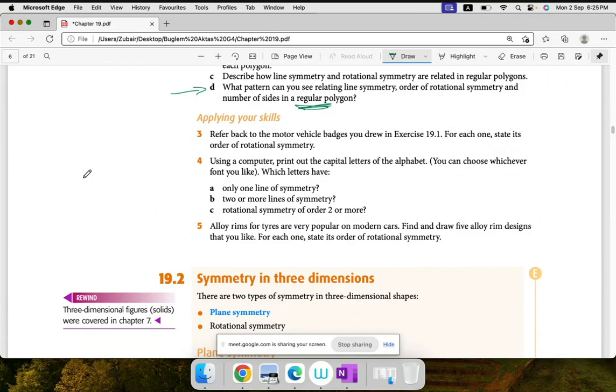Three, right. Audi would have 2. Very good. BMW would also have 2.